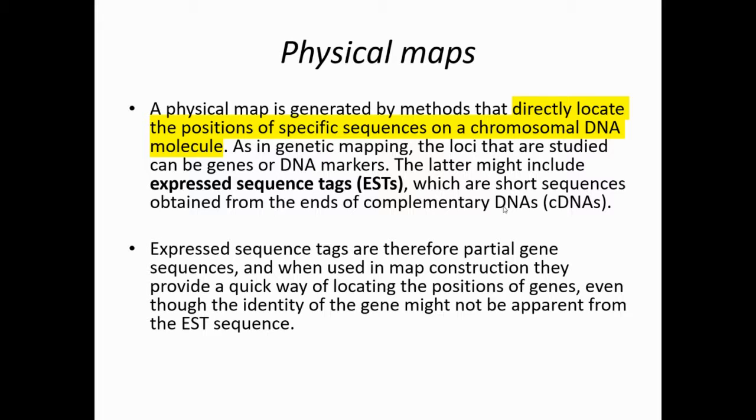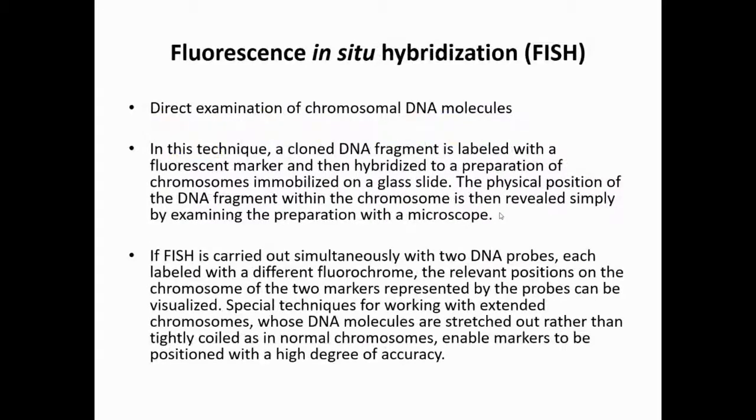An EST is a partial gene sequence. When used in map construction, they provide a quick way of locating the position of a gene. That's EST. And also, yesterday we talked about FISH, which can also be used to determine the location of a particular gene.